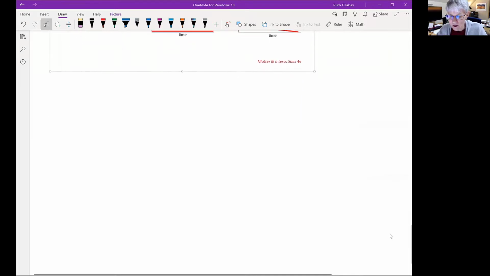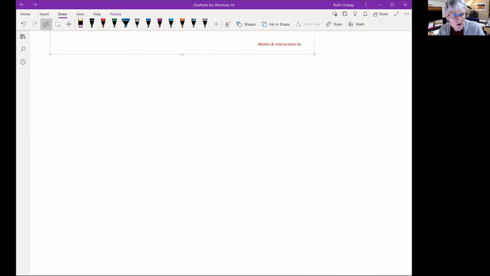Okay, so not all capacitors are the same, though. So how are capacitors characterized in this macroscopic circuit description?